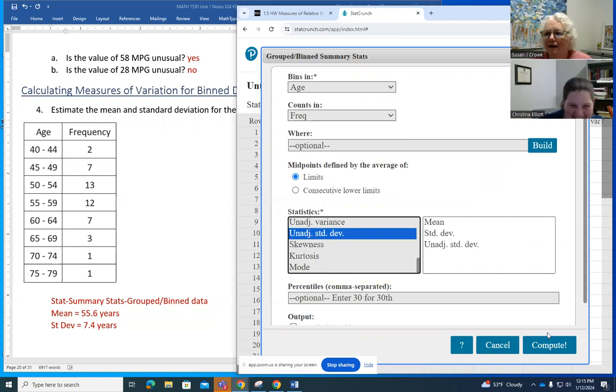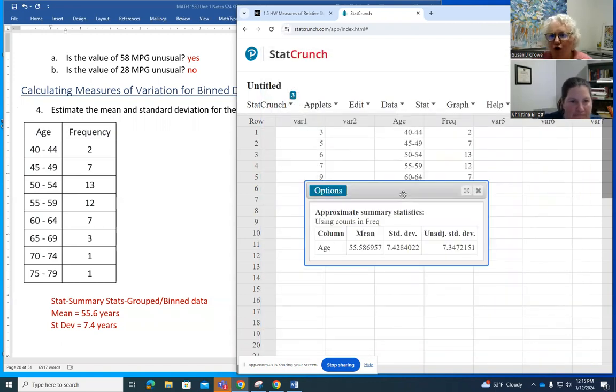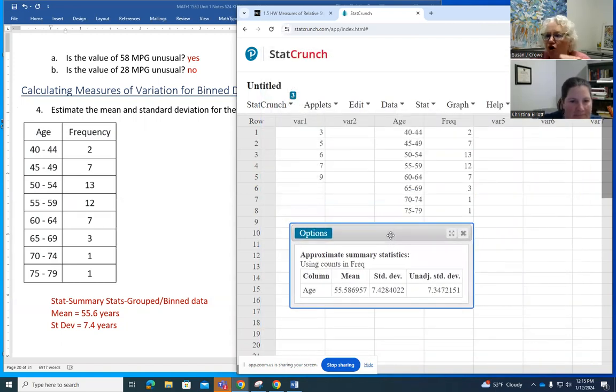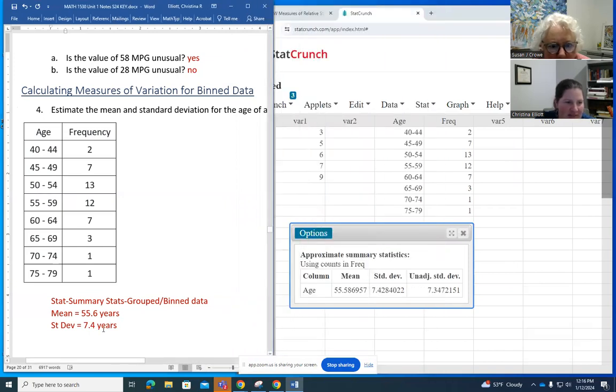The mean won't change between population and sample, so you don't have to worry about an unadjusted mean, but you do have to worry about an unadjusted standard deviation. I used the sample standard deviation. But looking back at this, I really think that it should be a population standard deviation because it is all of the presidents. So I'm going to change this to 7.3.